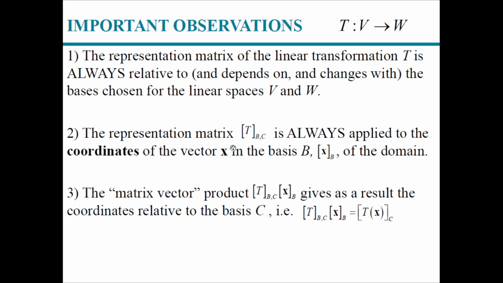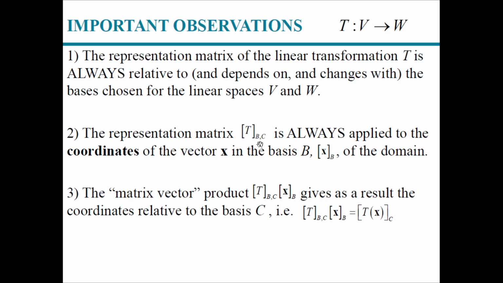that this representation matrix is applied to the coordinates of the inputs in basis B. I need coordinates in basis B of the domain. And what I get as output when I do the product, representation matrix times the coordinates of the object in basis B, is the coordinates of the image in basis C. So that's how we read it.